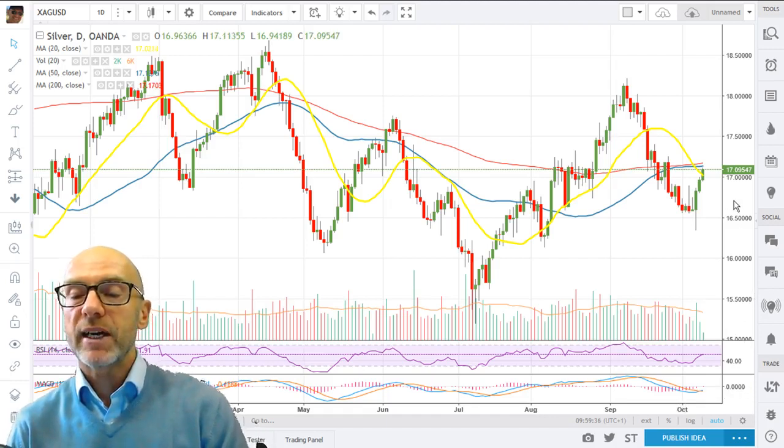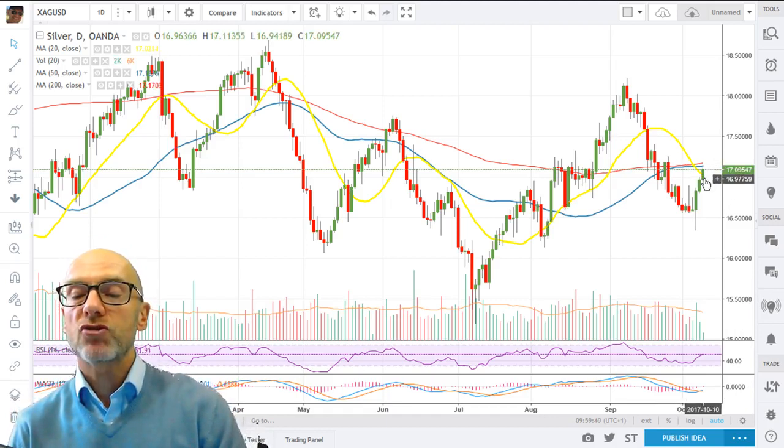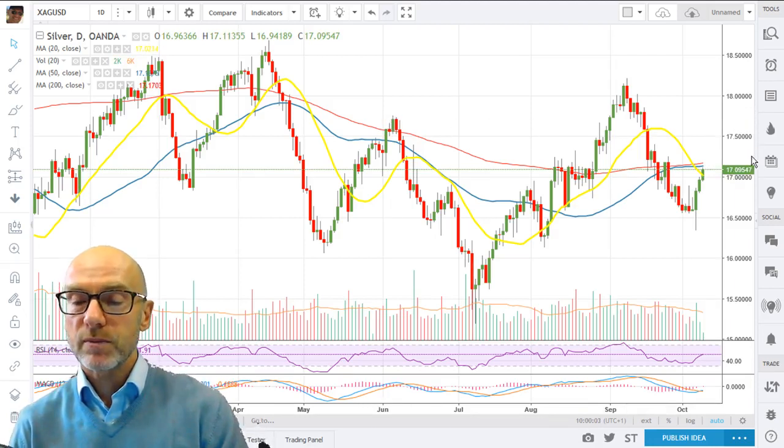And the interesting fact is as well, although the 20-day moving average is still tracking down and is causing a bit of resistance today, although we have gone above it, the 50 and the 200 are actually still moving upwards. And if we can get above those levels, they could give a push up towards the next resistance at the 1760, 1770 level.